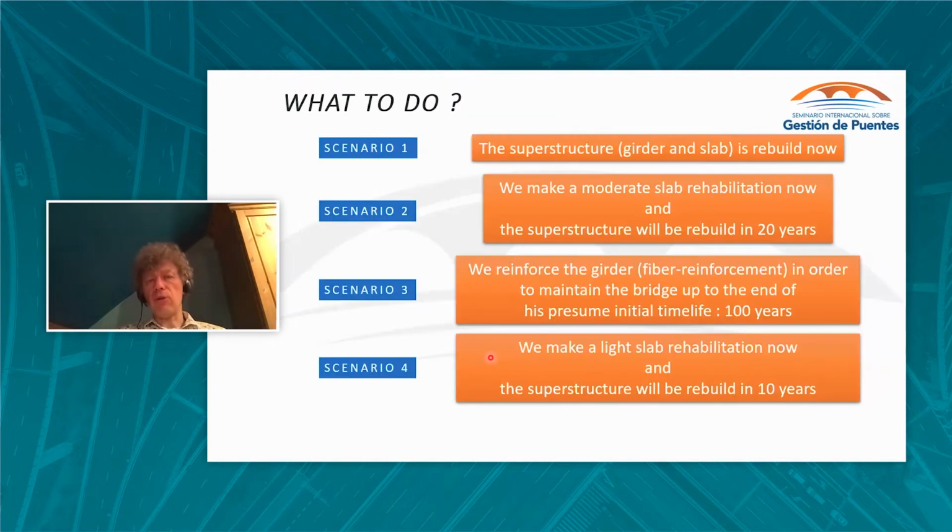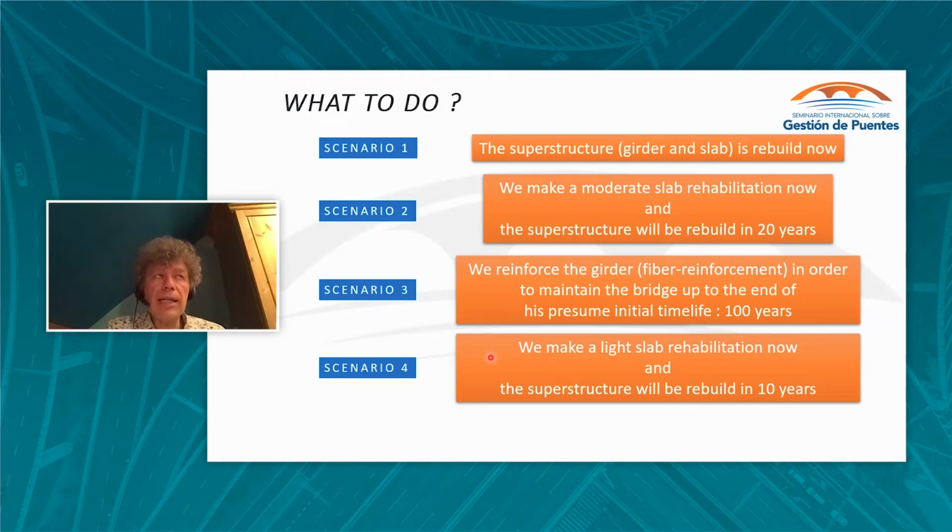That's our question. We can imagine different kinds of scenarios. First scenario, we say, well, we renew all the superstructure, girder and slab, now. The second scenario, and it's a little bit the same as the last one, we decide, well, we made some investment 40 years ago, and we still consider that this investment is still usable.